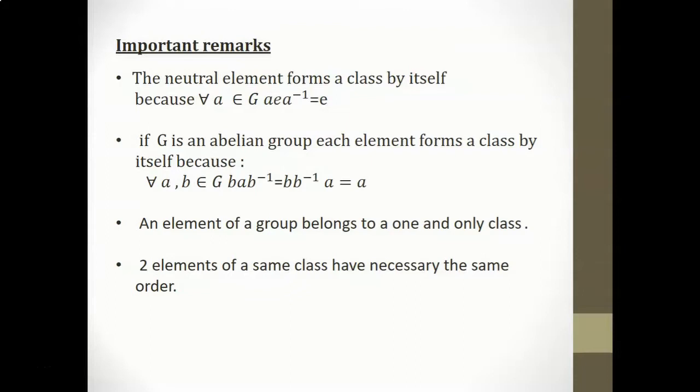This means that if I have two elements that are conjugated of each other and A power n is equal to identity, then necessarily B power n is equal to the identity. I will leave that as an exercise that we will solve in class.